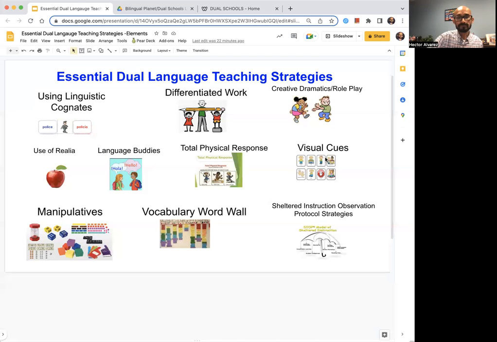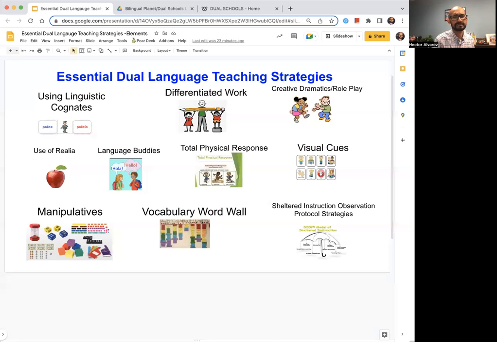Talking about visuals, we also have manipulatives, which is another way of using visuals. When the students are using manipulatives, they are able to show how they're thinking and why they're thinking.